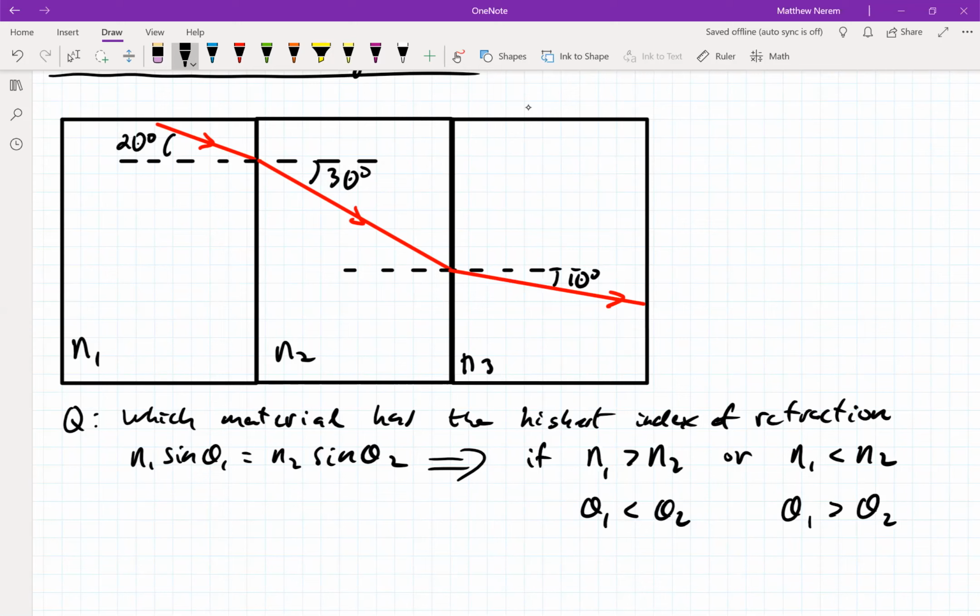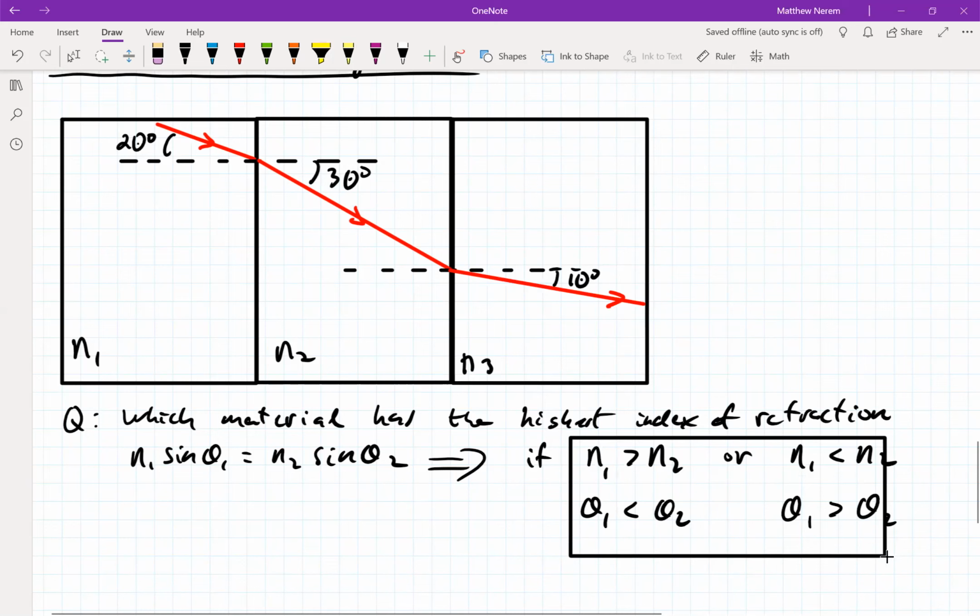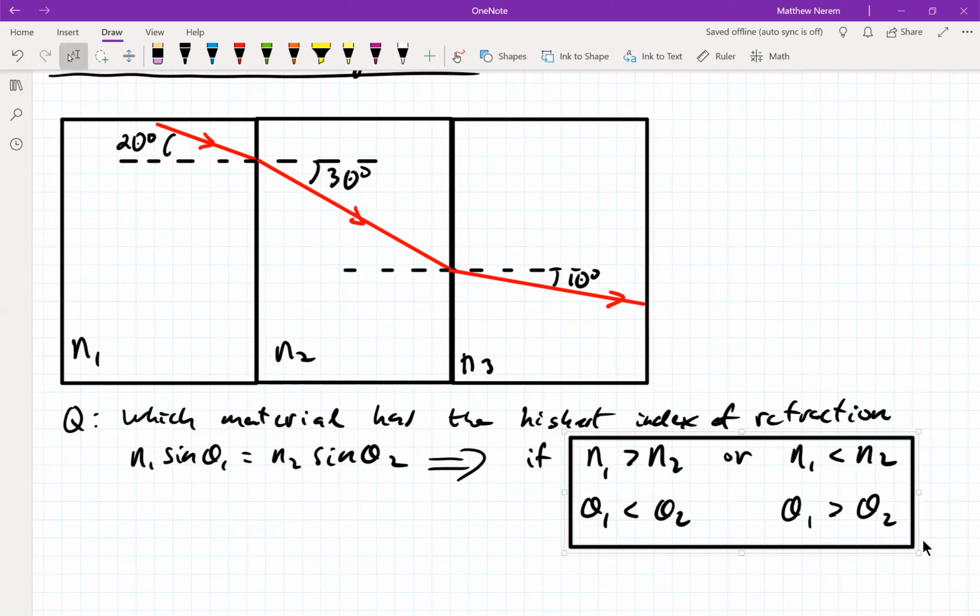So this is the trick that I always reiterate to myself over and over again when I'm doing these types of problems. I set up a relationship at these boundaries and pull out the information.